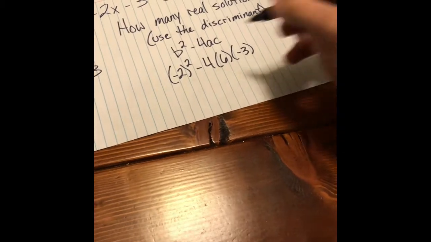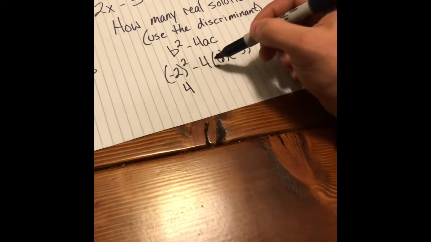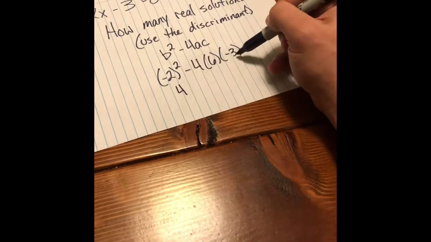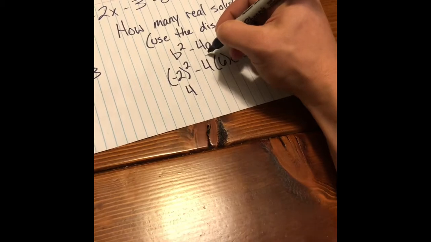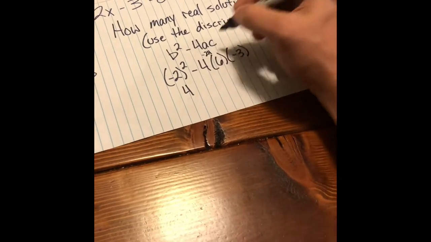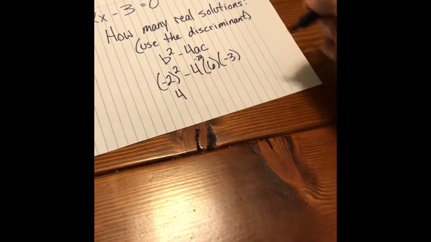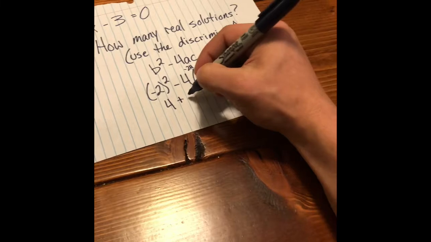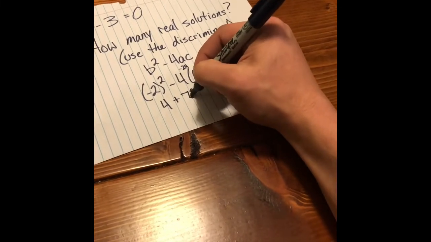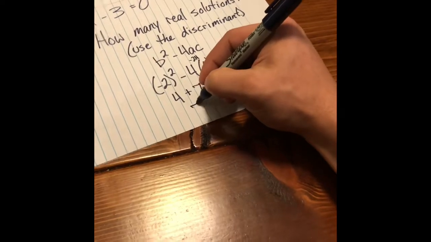So I start doing the math on this. Negative 2 squared is 4. Then I have negative 4 times 6 times negative 3. So negative 4 times 6, that would be negative 24. Negative 24 times negative 3, that's going to be a positive 72. If I add those numbers together, I get 76.